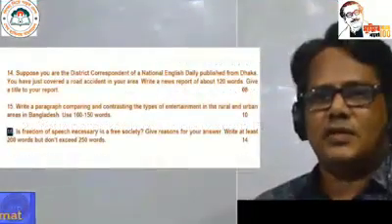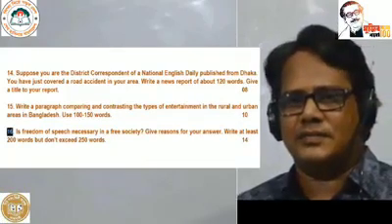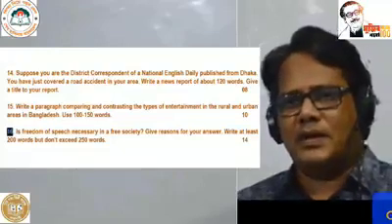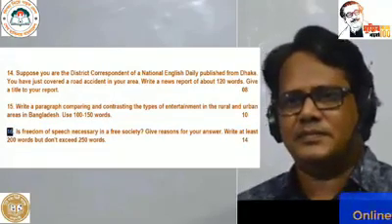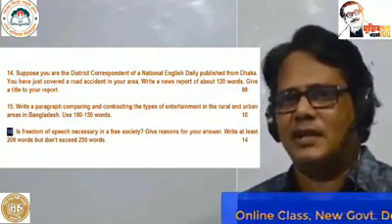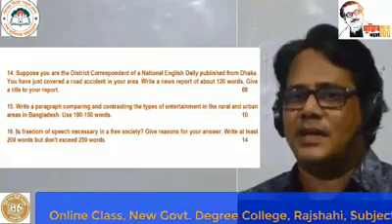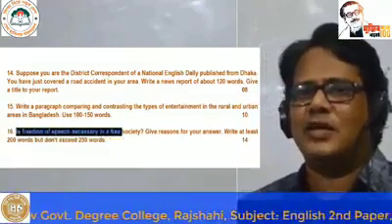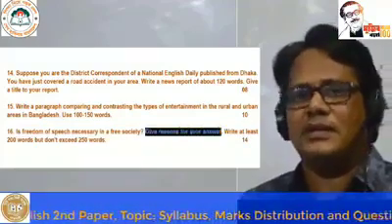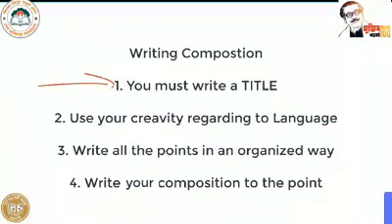The last question in your question paper is writing a composition. That means you have to write a composition. The topic will be given. Sometimes the topic will not be given directly. You have to understand from the instructions. And sometimes you will be asked to give your own opinion, and you will also be instructed to defend your opinion.